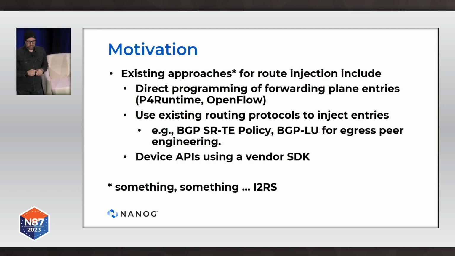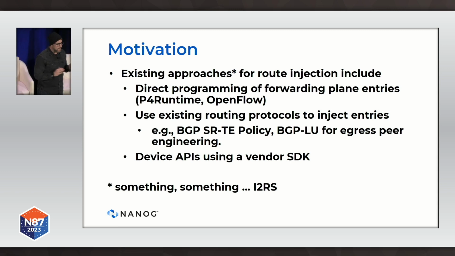We also have our standard routing protocols, but we have BGP SR-TE for providing policy. We can inject dynamic next hops with label stacks. We can use BGP-LU for egress peer engineering. We can also do tricky things with PCE.